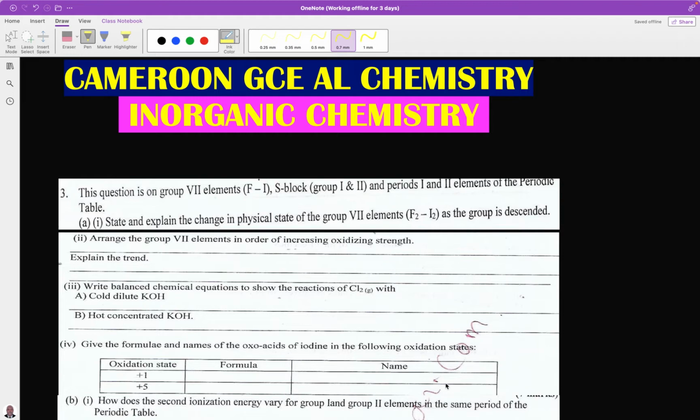Section 1 is inorganic physical chemistry, section 2 is the inorganic, and section 3 is the organic. So now we are going to cover the B section of it that has to do with inorganic chemistry.